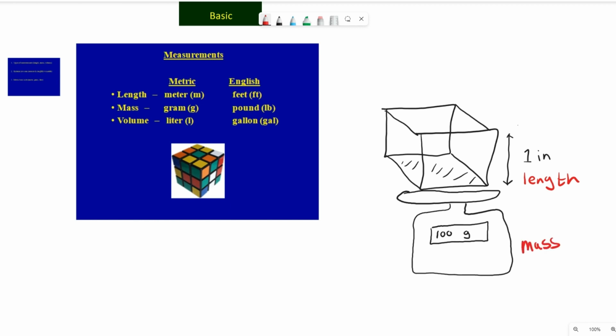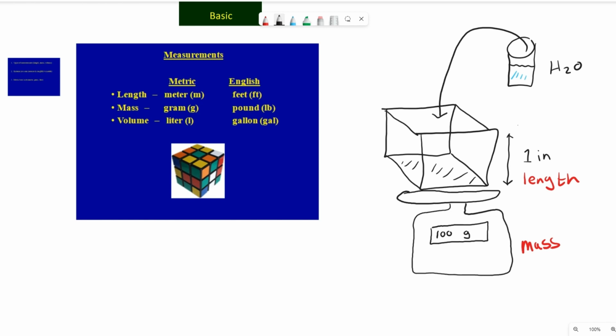And then the third and final thing that you can measure about the object is how much space does it take up? How much space does it occupy? And for solid objects, a very easy way to do this is by seeing how much water will fit into it. That's its volume. So if you have a glass of water and you then take that water and pour it into the empty cube here, and see how much water it takes to fill that cube.